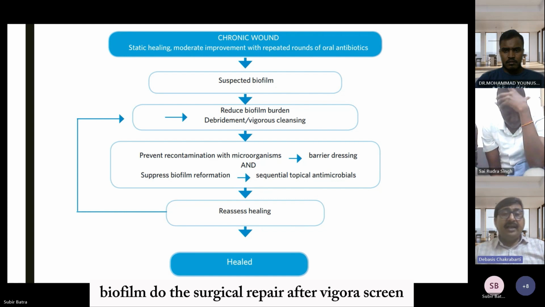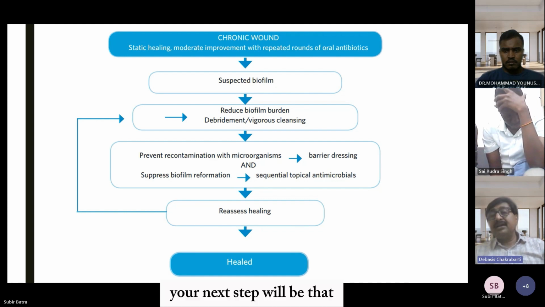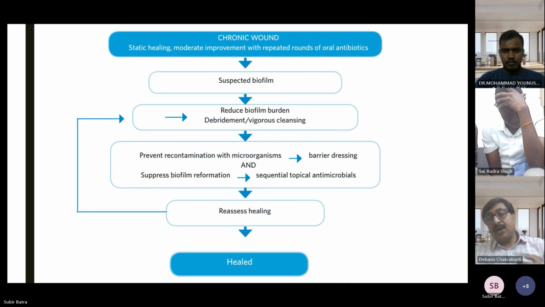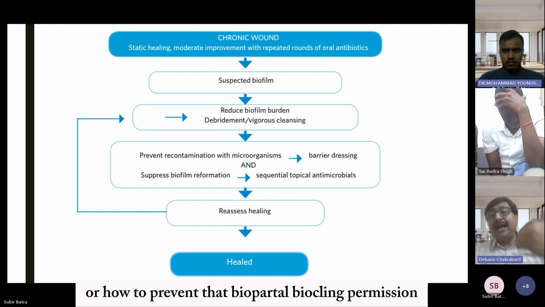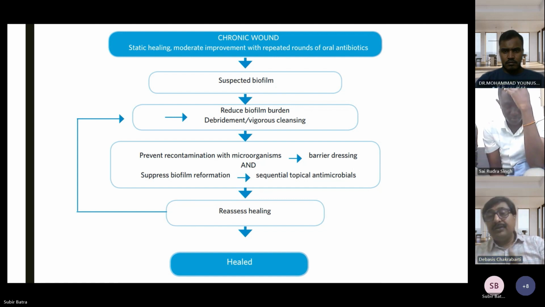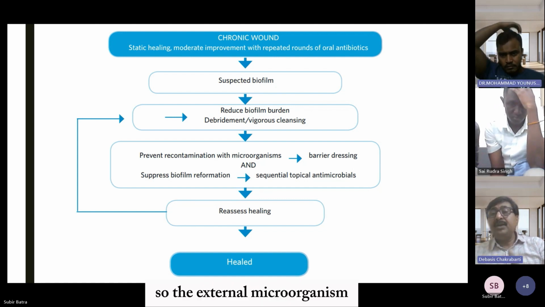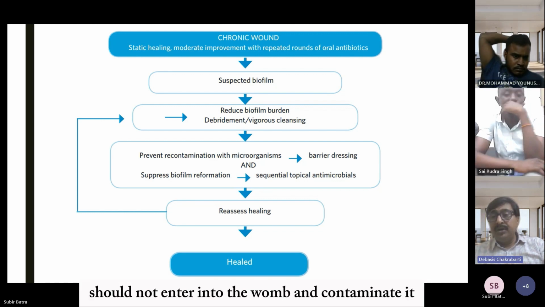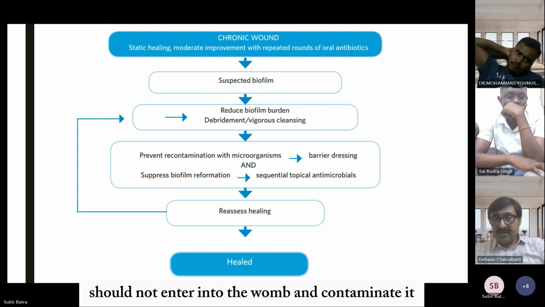After vigorous cleaning, your next step is how to prevent further infection or further biofilm formation. So you need to have a barrier dressing, so the external microorganisms should not enter the wound and contaminate it.